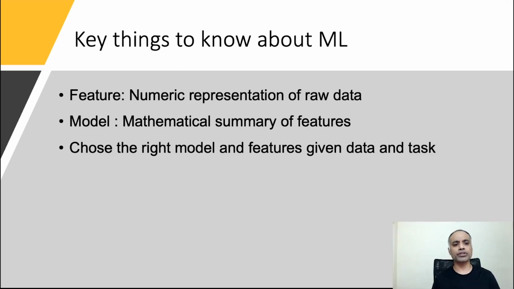The key thing we need to understand is that features are the numeric representation of raw data. A model is nothing but a mathematical formula or mathematical summary of features. So choosing the right model and features given the data and task is the real work in a data science project to define a predictive model.